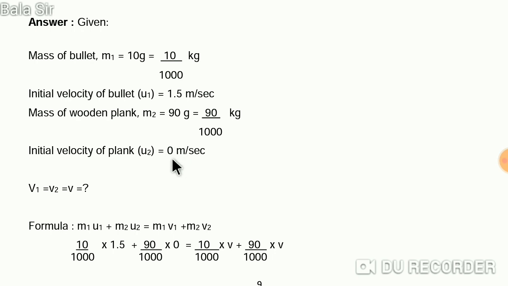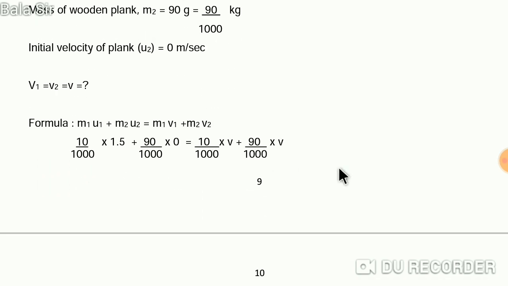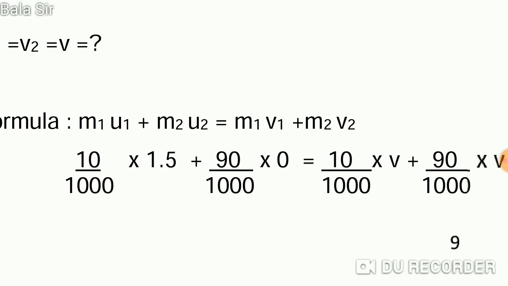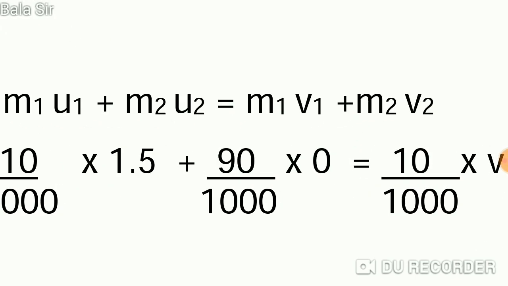V1 and V2 are equal, so we are representing it as V. Now the formula from the law of conservation of momentum is M1 U1 plus M2 U2 is equal to M1 V1 plus M2 V2. This is the formula for law of conservation of momentum.